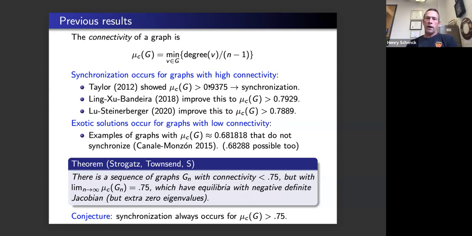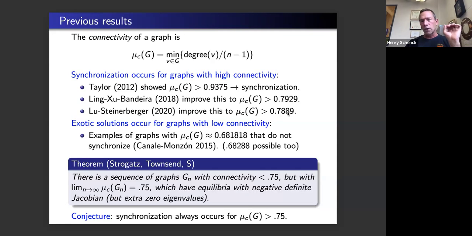So I think the first interesting result, about 15 years after Strogatz and Watanabe's result: if you have connectivity 0.9375, you get synchronization. And then there's a vast improvement about 7 years ago by Ling, Zhu, and Bandiera, in SIAM Journal on Optimization. They use techniques from optimization to bring this down to 0.79.